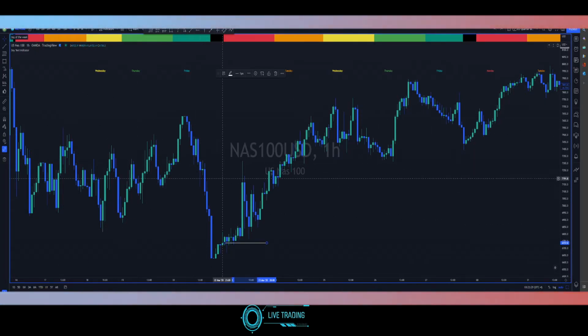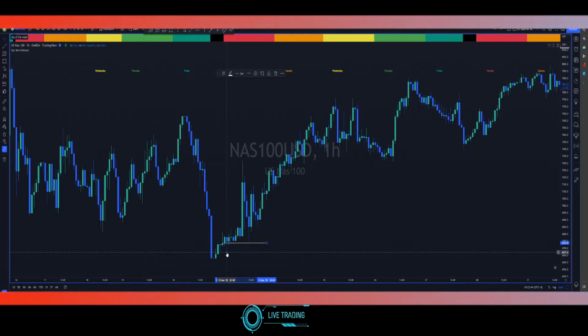Probably look like all squiggly. So just accumulating orders in here. Breaks it, fake out, breaks the equal lows, and then goes higher.